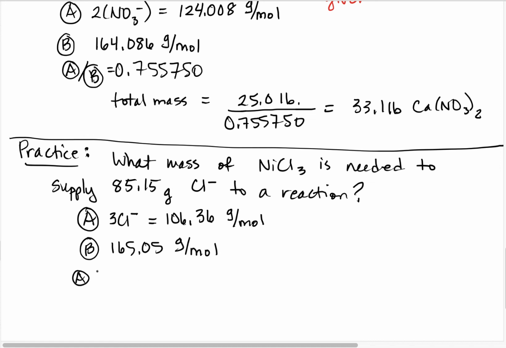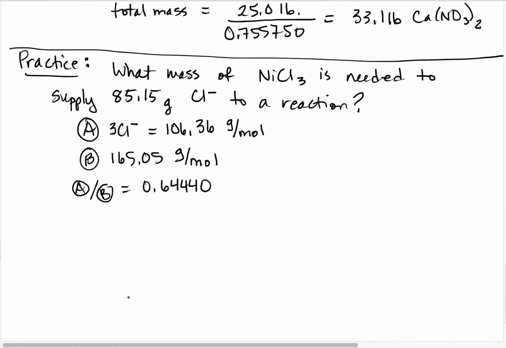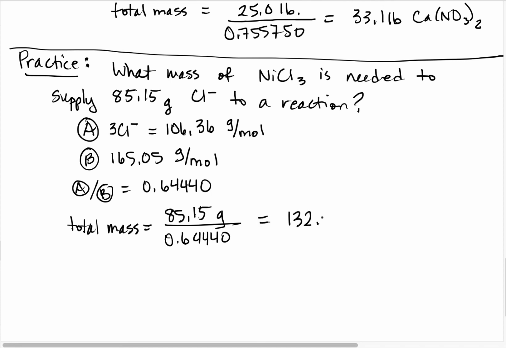My fraction gave me 0.64440, and so that meant that my total mass was equal to 85.15 grams divided by 0.64440, which is equal to 132.1 grams of nickel chloride.